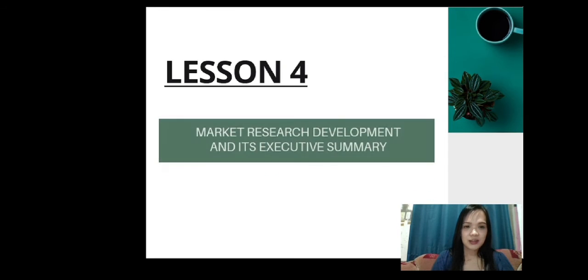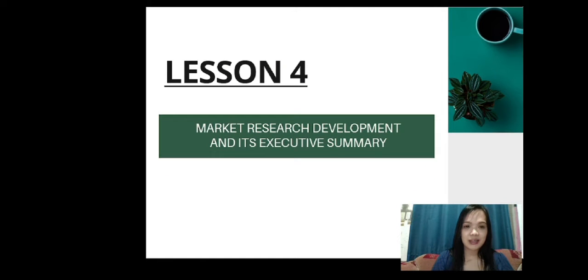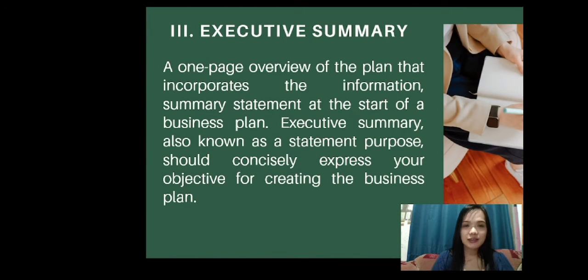Lesson 4. Market Research, Development, and its Executive Summary. Executive Summary is a one-page overview of the plan that incorporates the summary statement at the start of the business plan. Executive Summary, also known as a statement of purpose, should concisely express your objective for creating the business plan.